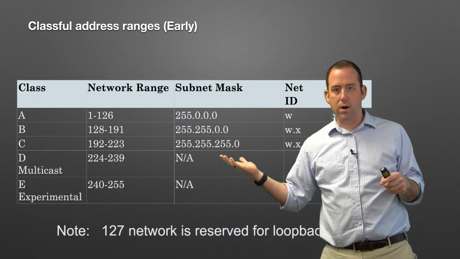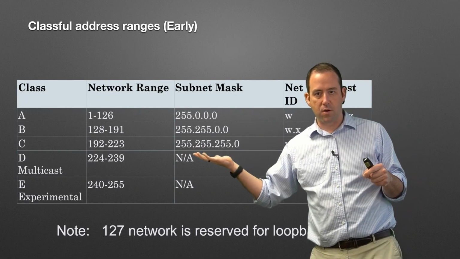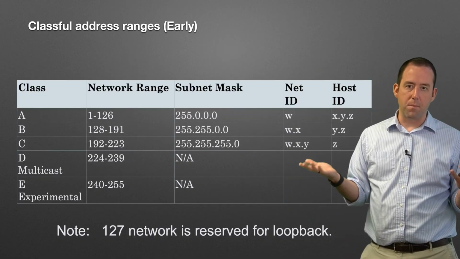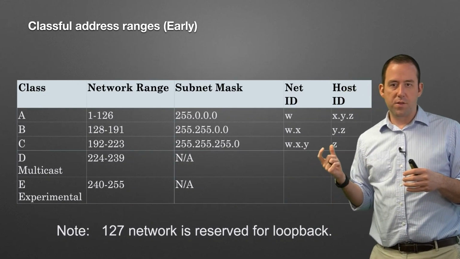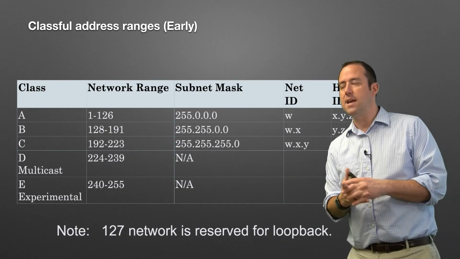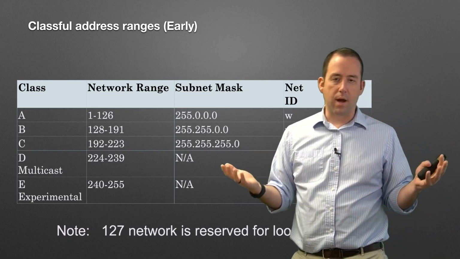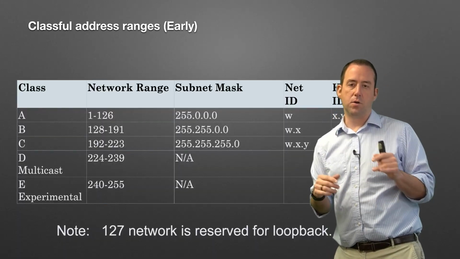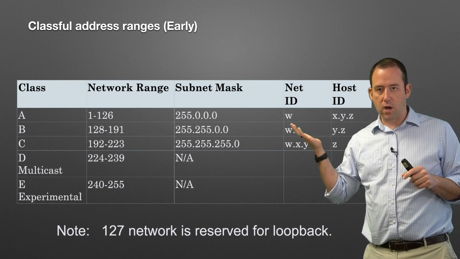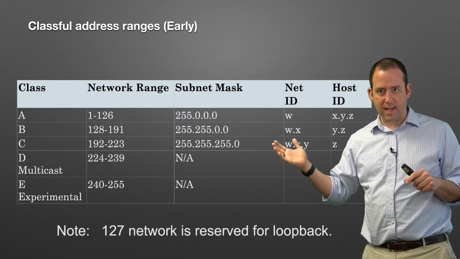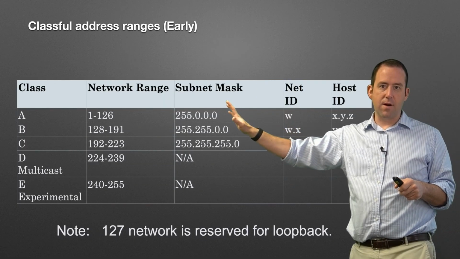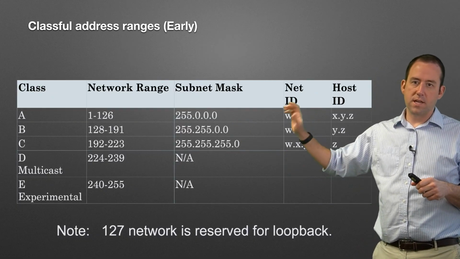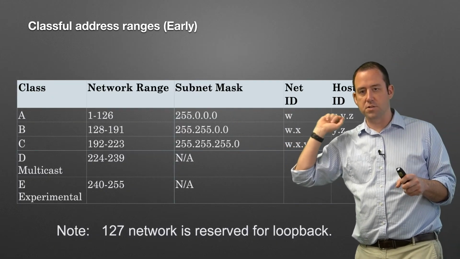And there were a lot more Class C networks because there were 3 bytes for the network ID, which means there are a lot more numbers there that you can divide up, with only 1 byte for the host ID, up to 255-ish, we'll get to the details there, hosts on those networks. So this is how we divided things up. We had these networks with 16 million hosts, these networks with 65,000 hosts, these networks with 250 hosts-ish.